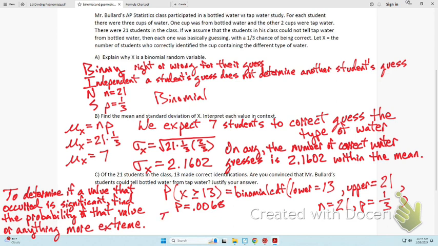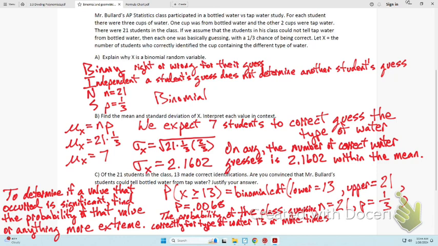So let's see, the probability of the class guessing correctly the type of water (13 or more times) is very small.